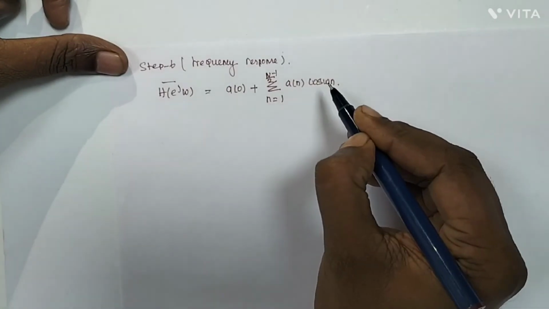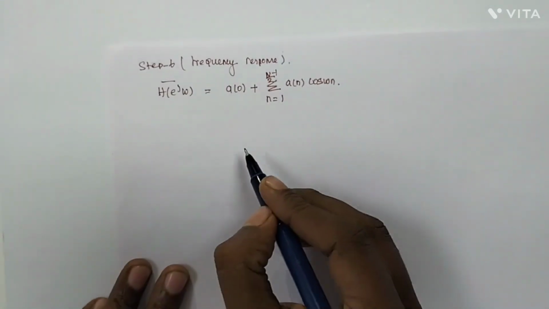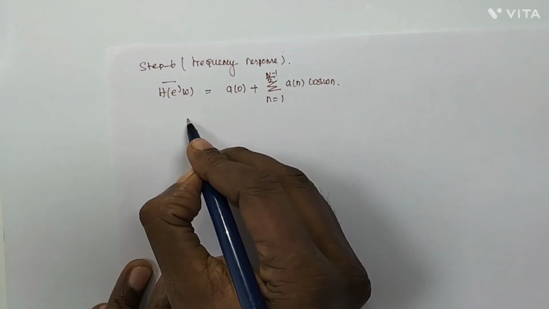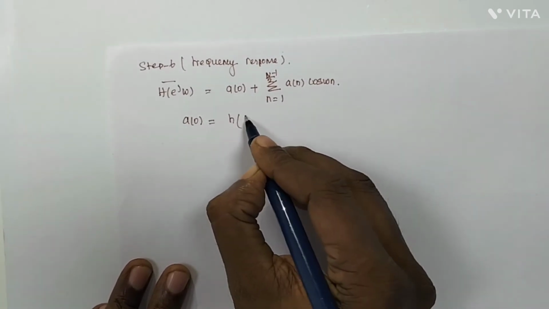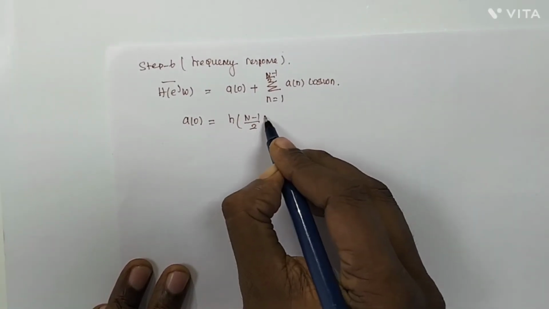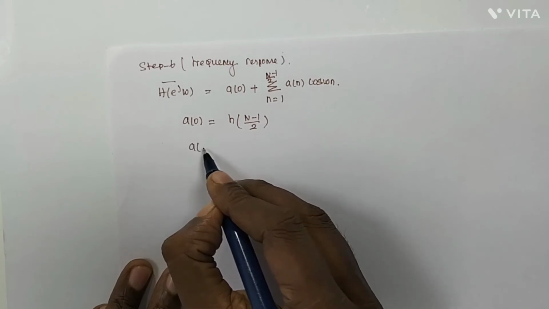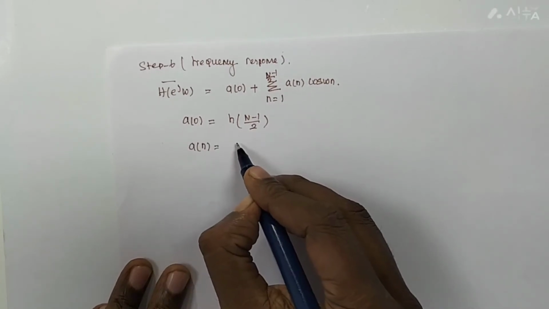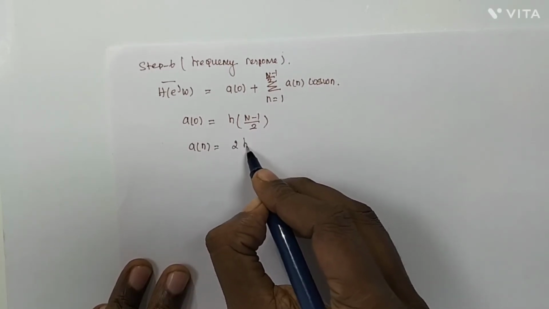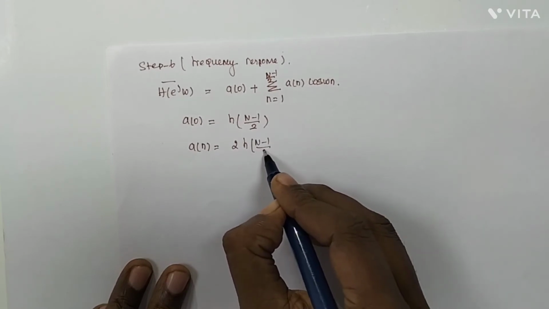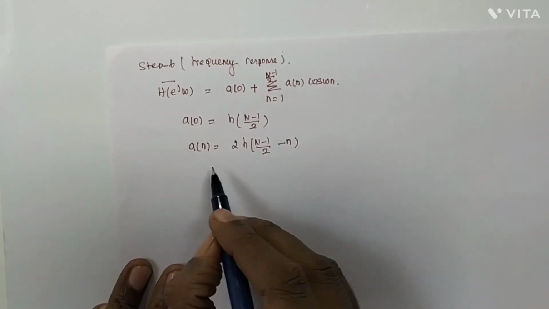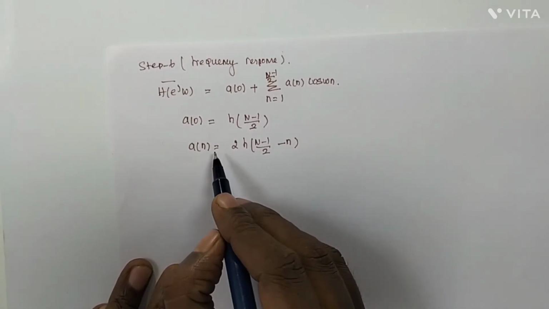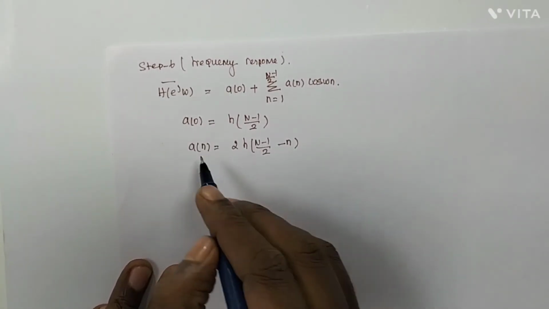So this is a relation to find the frequency response of the system. How to find a of 0? A of 0 is equal to h of n minus 1 by 2. A of n is equal to 2 into h of n minus 1 by 2 minus n.